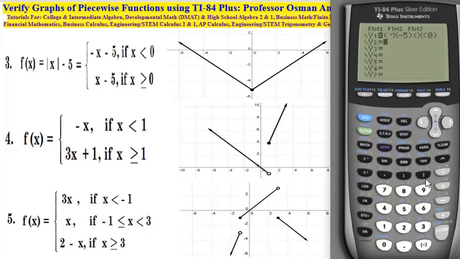Or it is also x minus 5, and this is valid for x greater or equal to 0.